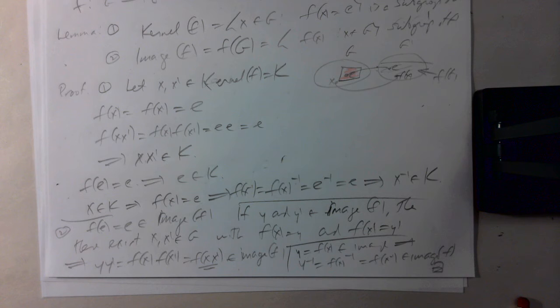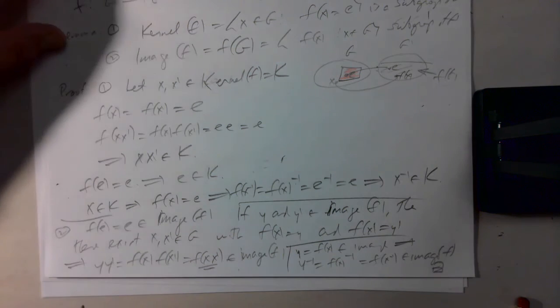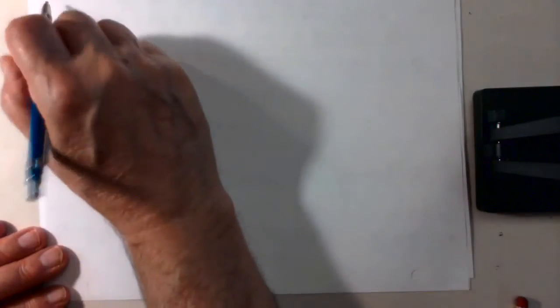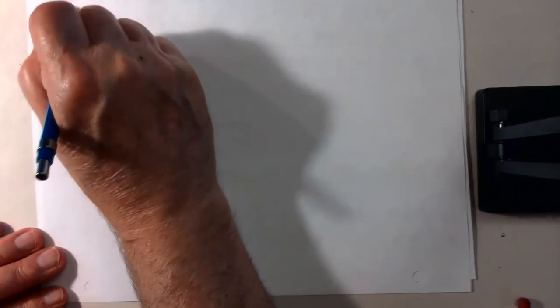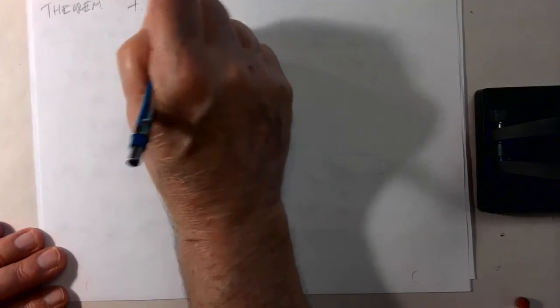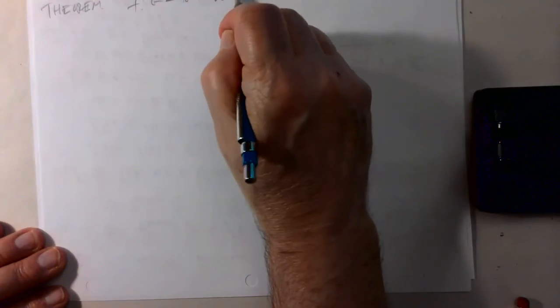So the kernel and the image are subgroups. But there's one more thing I want to say about the kernel of a homomorphism. It's not just a normal subgroup. Suppose we have f from G to G prime, a homomorphism.